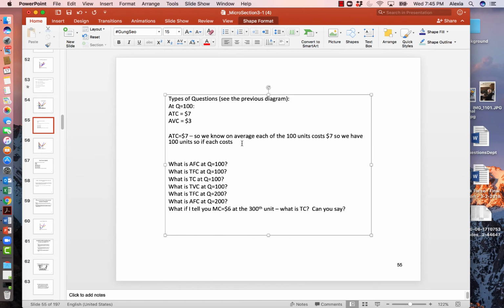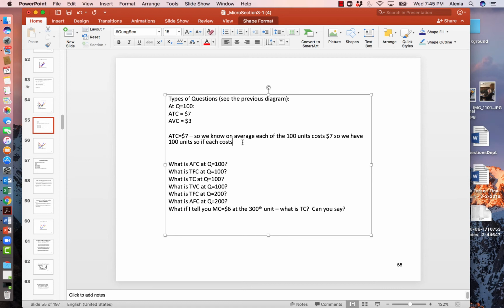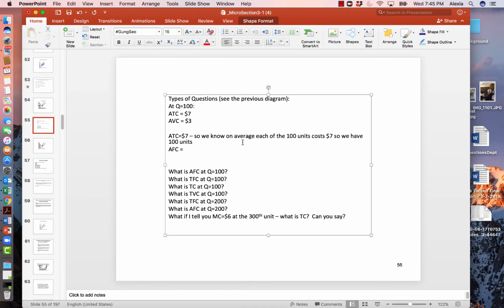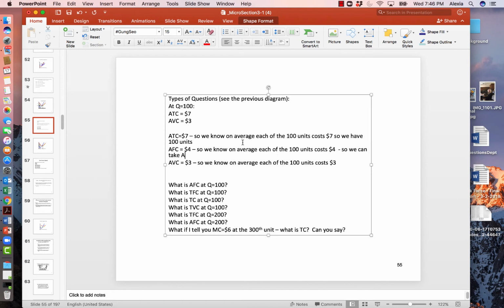So total fixed cost is average fixed cost times Q, which is $4 times 100, which is $400. I prefer to just think about it in my mind: if each one costs $4 in fixed costs on average, and I have 100 of them, it's 4 times 100.